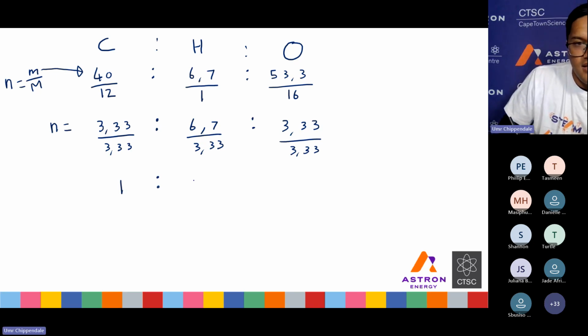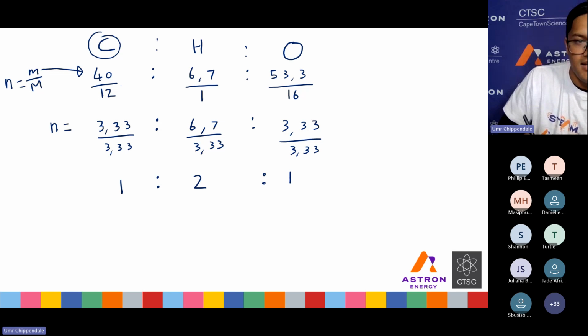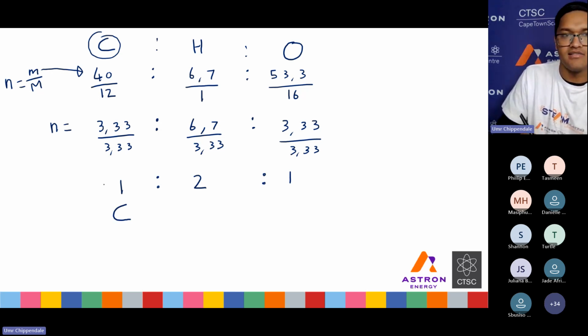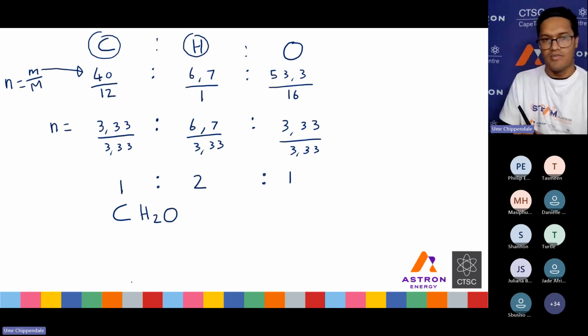These two divided by each other will give you 2, and this one gives you 1. Now you take your element, and the numbers that you just got will be a subscript. The subscript for carbon is 1, so you just write C. The subscript for hydrogen was 2, so you write H2. And our oxygen subscript was 1, so we just write O.